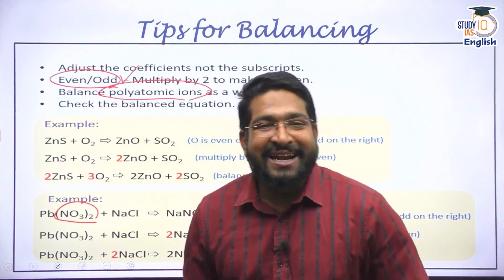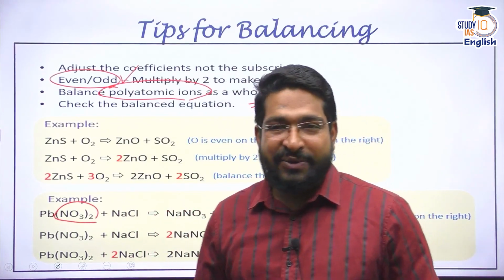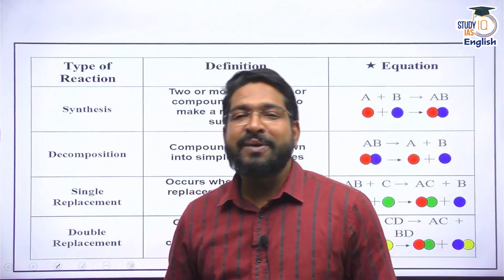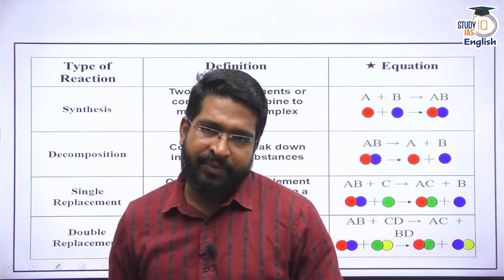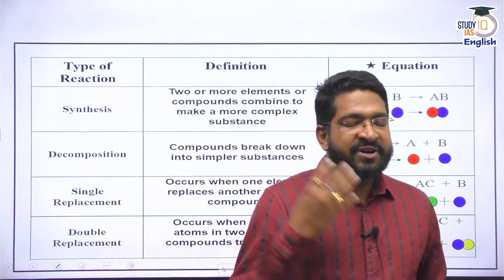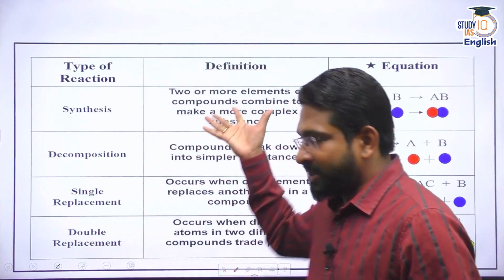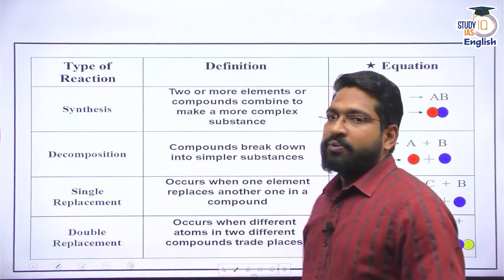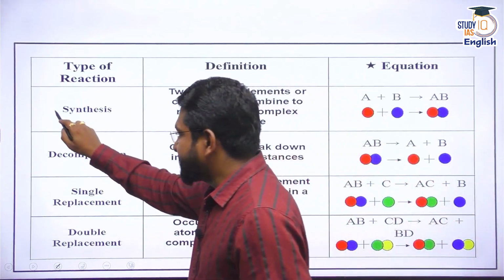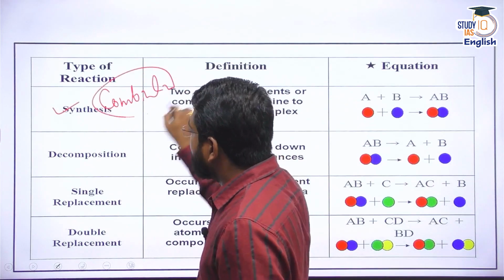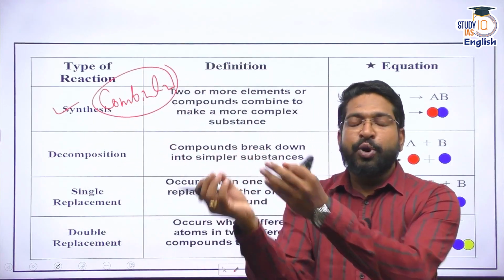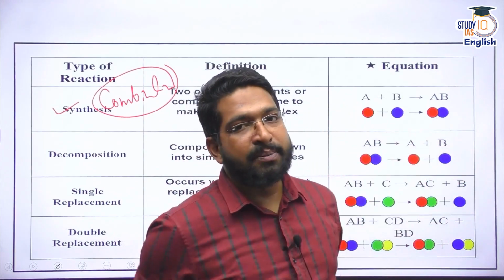Right. After understanding the balancing of chemical equations, let's talk about different kinds of chemical reactions. Now, we have discussed some of these reactions before as well. Generally, there are 4 different kinds of reactions that we find from the NCERT book also. The first reaction is the synthesis reaction, also called the combination reaction, where 2 atoms or 2 molecules combine to form a compound.